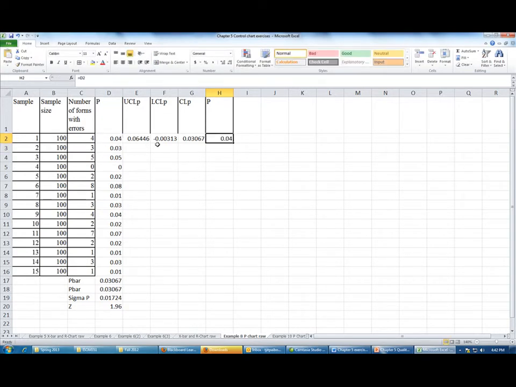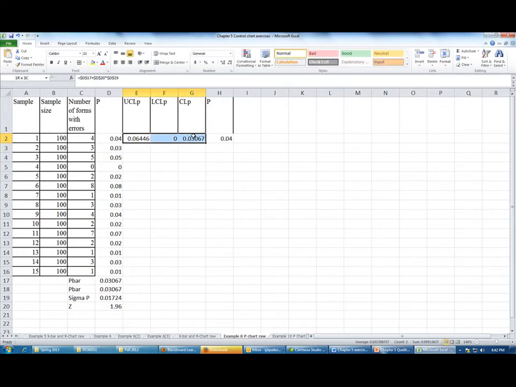Okay, pay attention to this. If the outcome is negative like this, we must adjust it to 0 because the minimum error that an organization may have is 0 errors. So we will adjust that to 0.